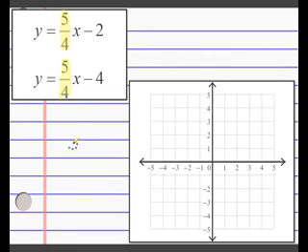And then I can also see that they have different slope intercepts. So if you remember from a while ago, lines that have the same slope but different y-intercepts are parallel lines, and the answer is going to be no solution.